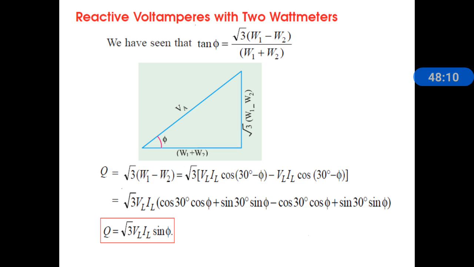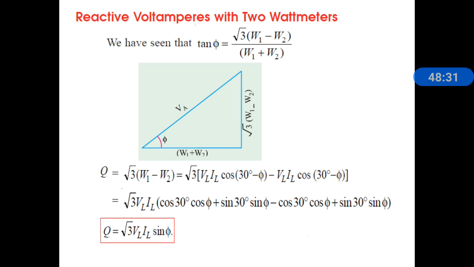Using this tan phi value we can draw the triangle, because tan phi means opposite side by adjacent side. Here the opposite side is root 3 (W1 minus W2) and the adjacent side is W1 plus W2.